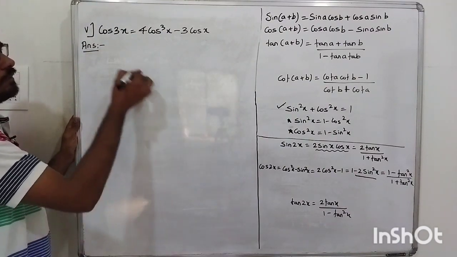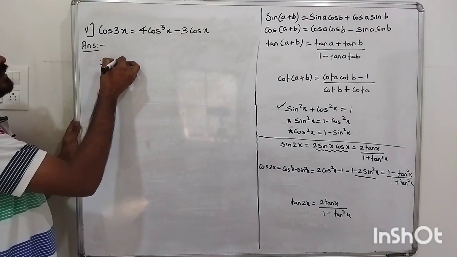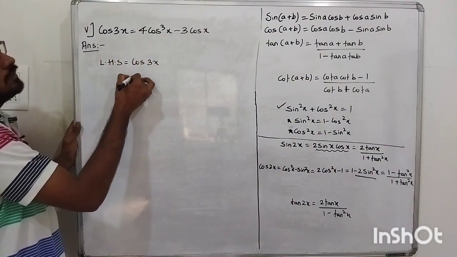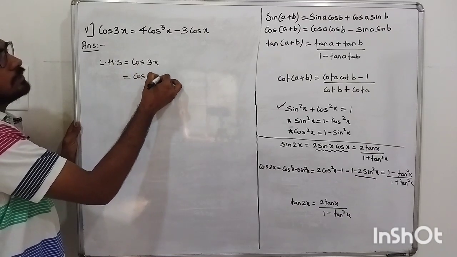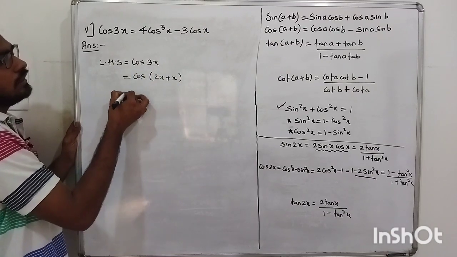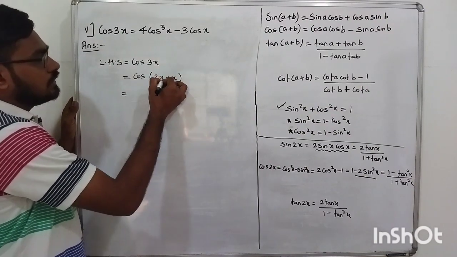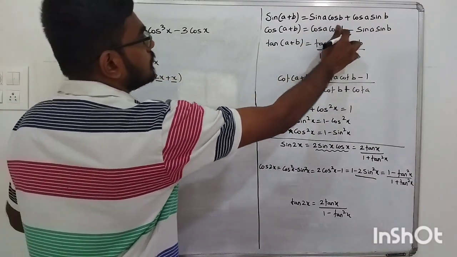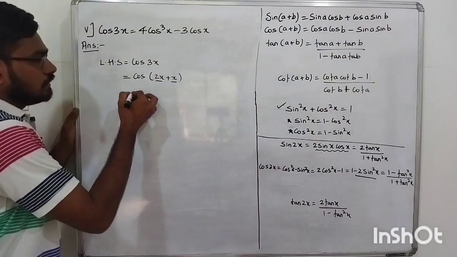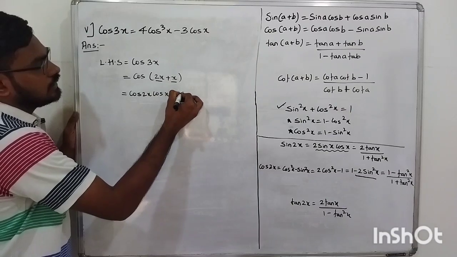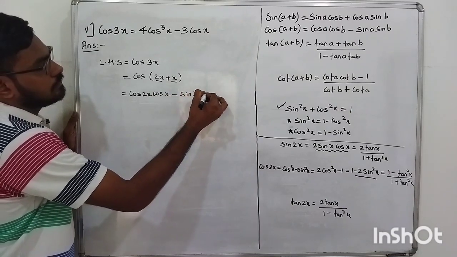Same way, this formula only we are going to use. LHS is cos 3x is equal to cos of 2x plus x. Correct? Now cos 2x plus x is cos 2x cos x. See, cos of a plus b is cos a cos b minus sin a sin b. So cos 2x cos x minus sin 2x sin x.